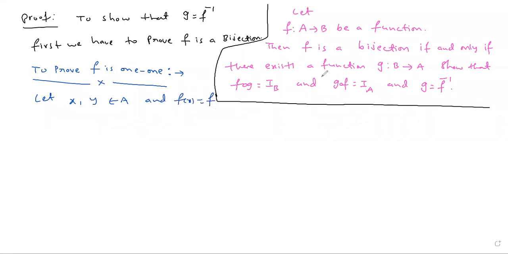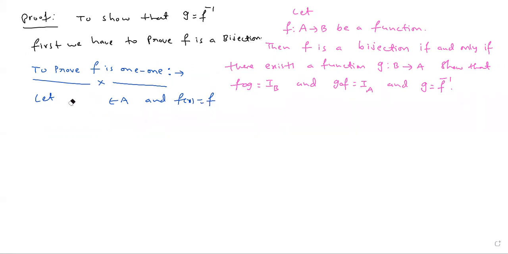Or you can take x1, x2 belonging to A, and take f of x1 is equal to f of x2. Finally you have to prove x1 is equal to x2.